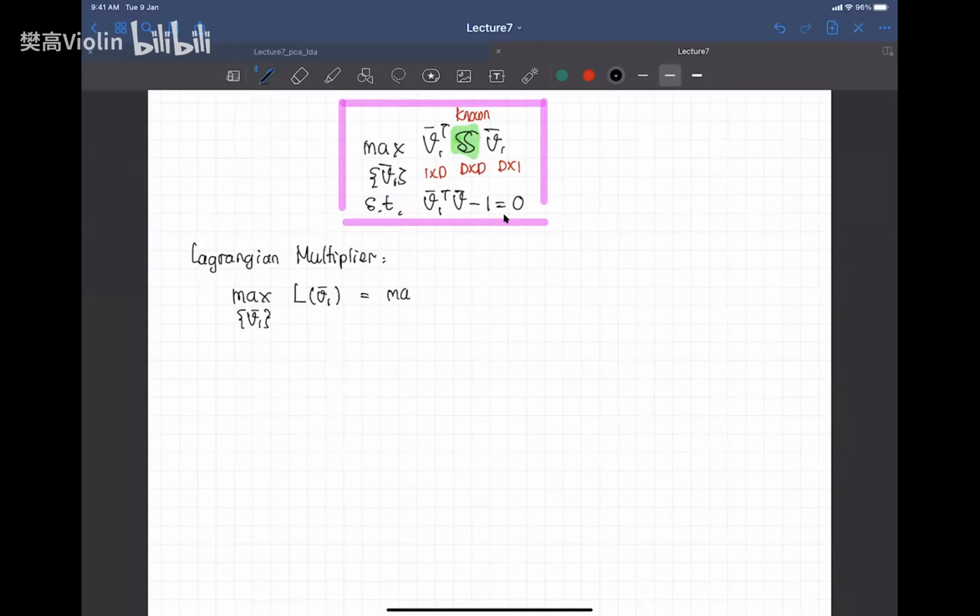And L is the same as, if you use Lagrangian, V1 transpose S V1 plus, what? Anyone knows? If you use a Lagrangian multiplier, then what is the second term?